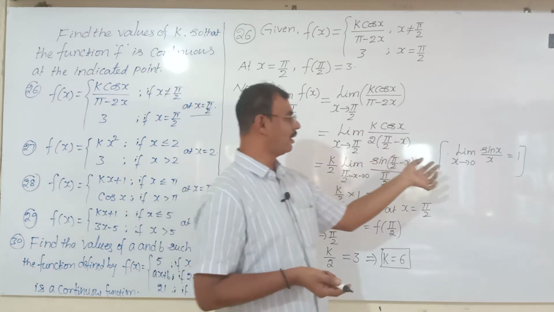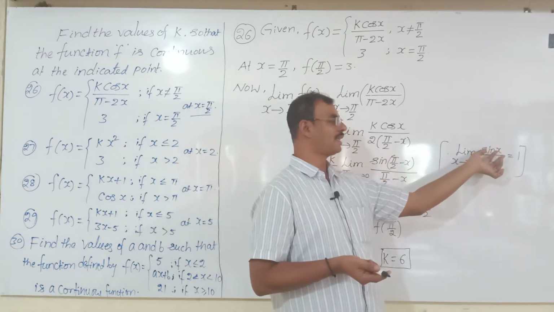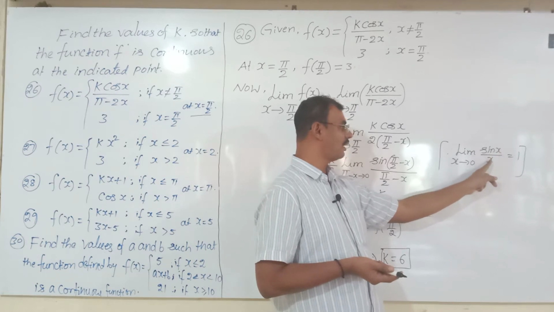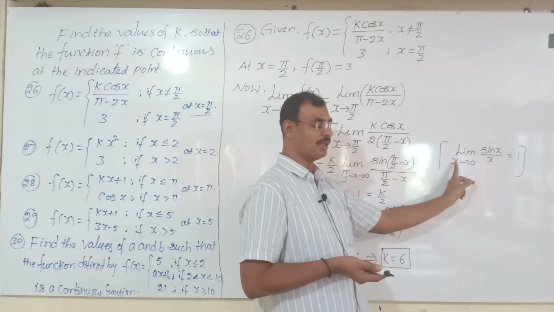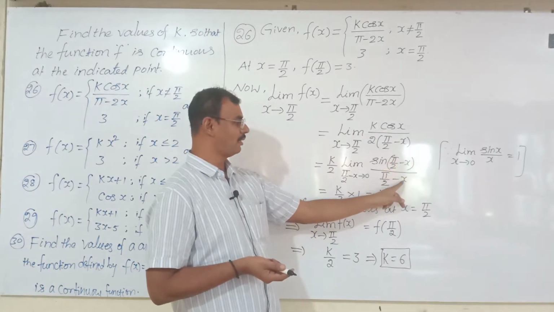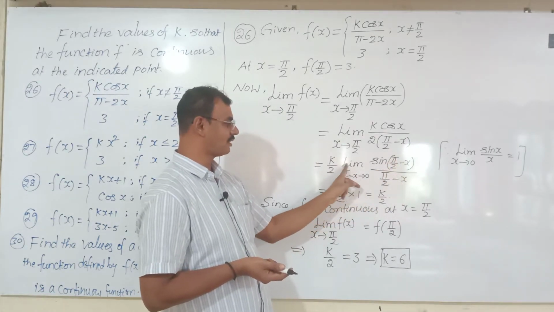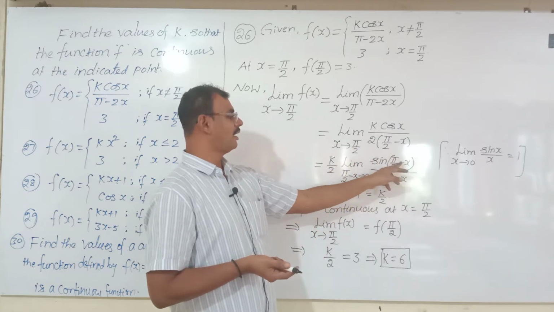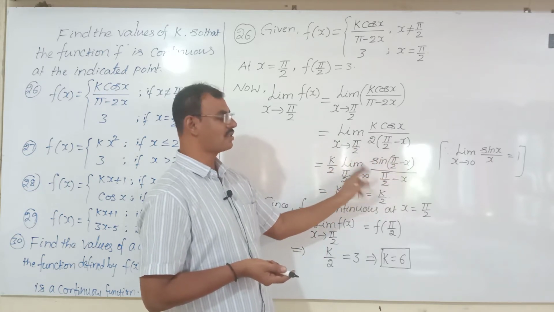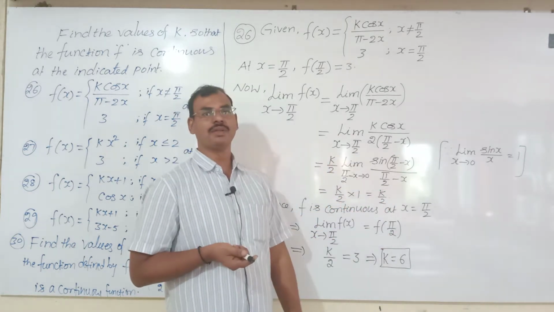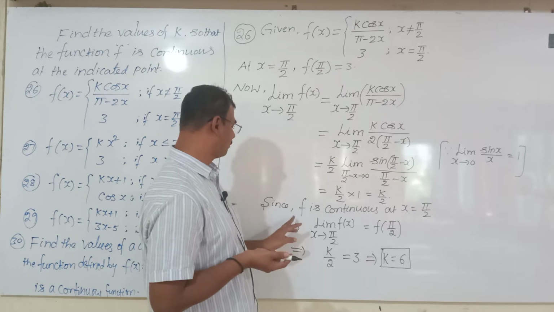We know the property that the limit of sin x by x as x approaches 0 holds, other than at x, everywhere the same number. Here also, observing pi by 2 minus x, pi by 2 minus x, pi by 2 minus x, this is nothing but, if you take the number theta, sin theta by theta as theta tends to 0, it will be 1. So we get k by 2 into 1 equals k by 2.